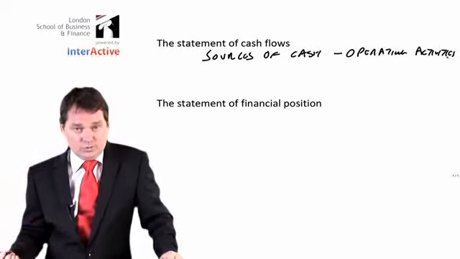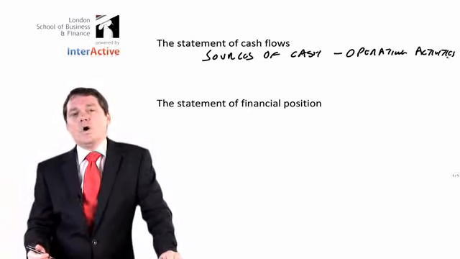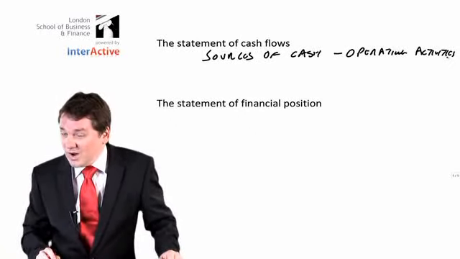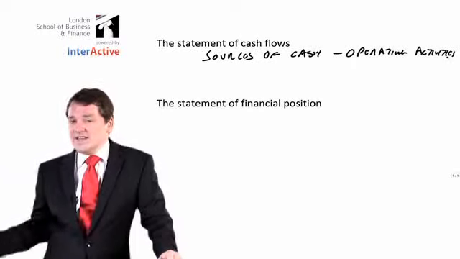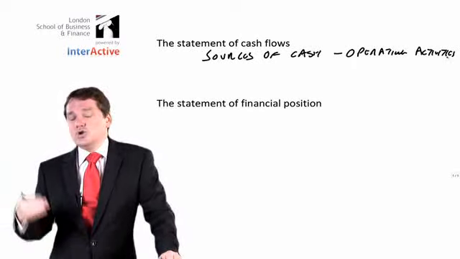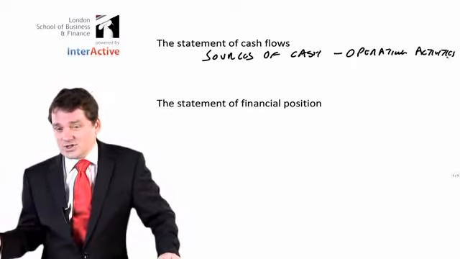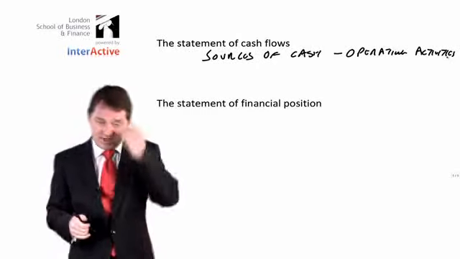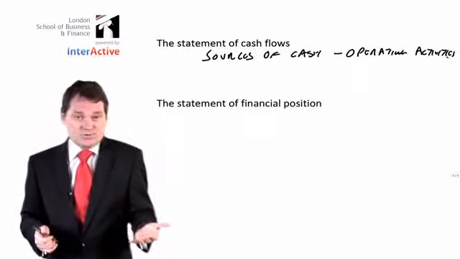So you make a profit, $4. Fairly obvious. But of course the other thing is you've got cash of $4 as well. So you received $10 cash, you paid out $6 cash, you've got $4 cash left over. So one of the big sources of cash is simply it's making a profit.